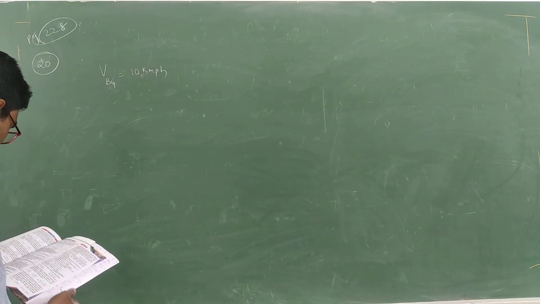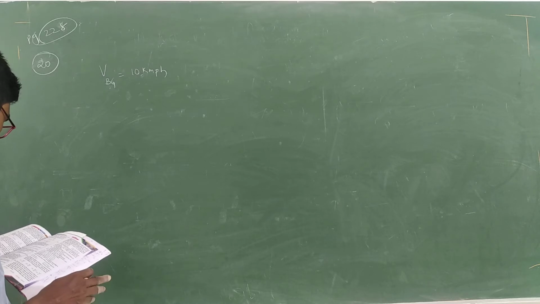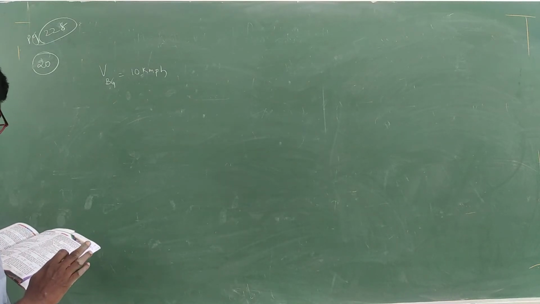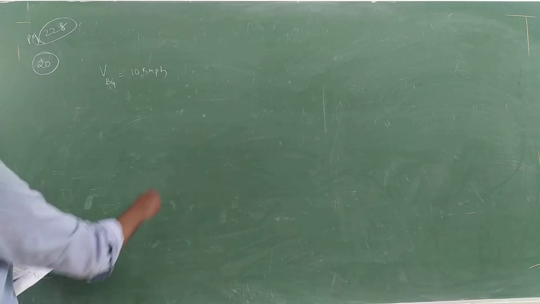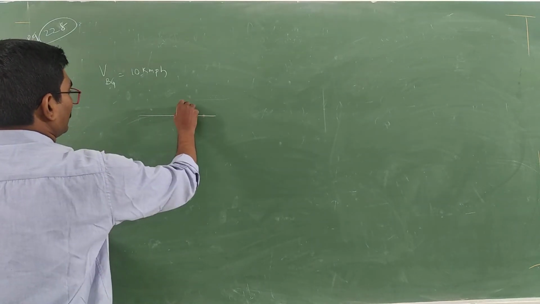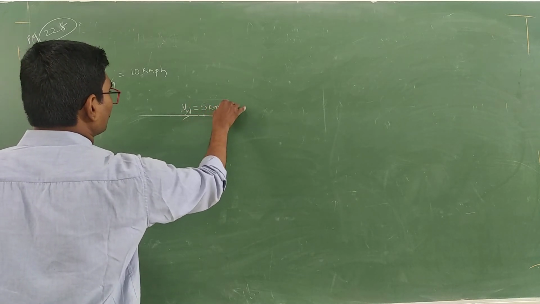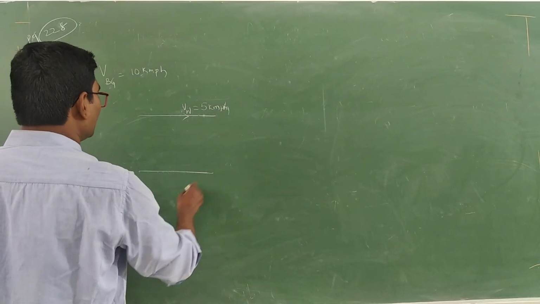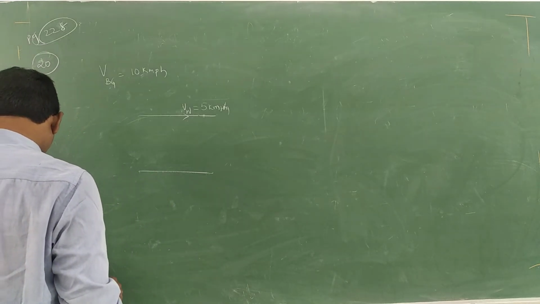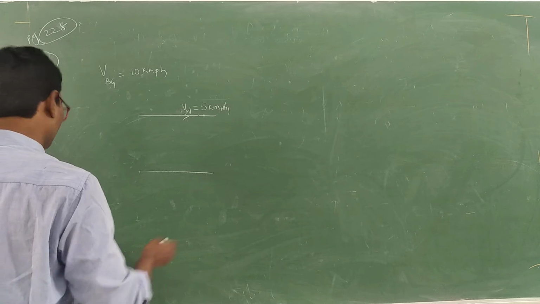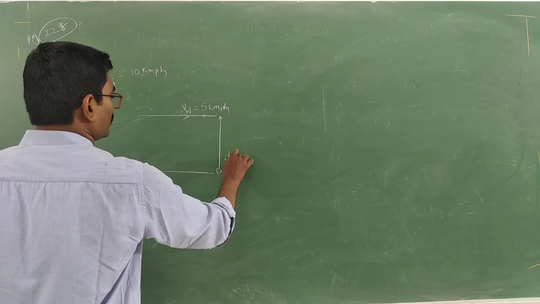Right now, the river flows steadily at 5 km per hour. There is a river, the velocity of water is equal to 5 km per hour. The person can swim with 10 km per hour. The width of the river is given as 2 km.